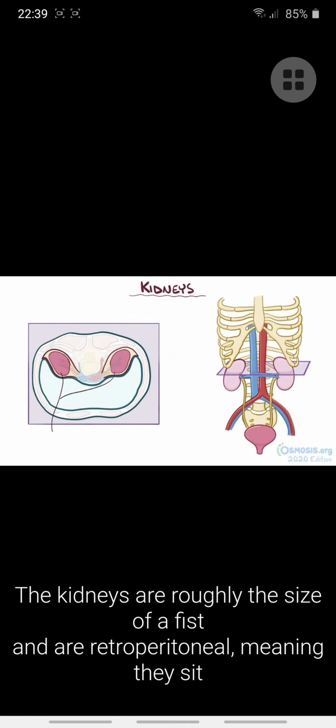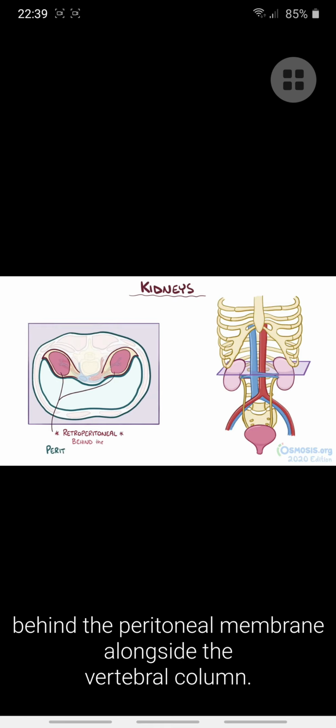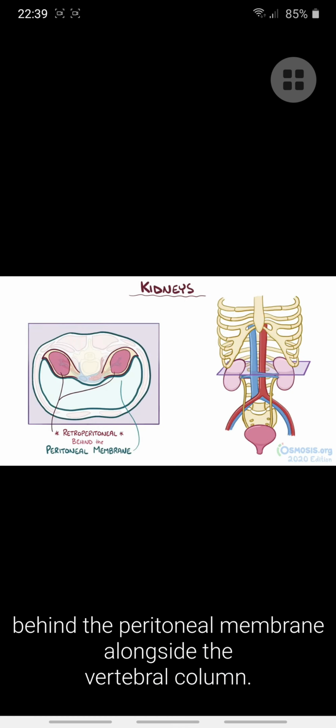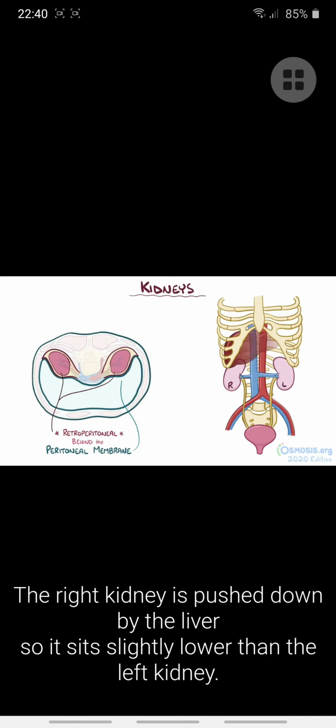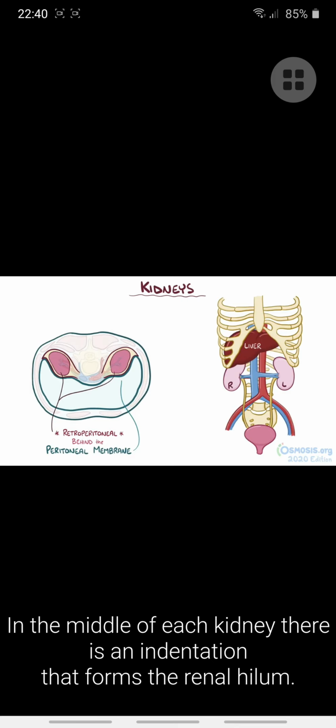The kidneys are roughly the size of a fist and are behind the peritoneal membrane alongside the vertebral column. The right kidney is pushed down by the liver, so it sits slightly lower than the left kidney.